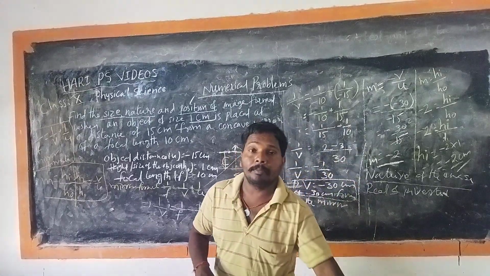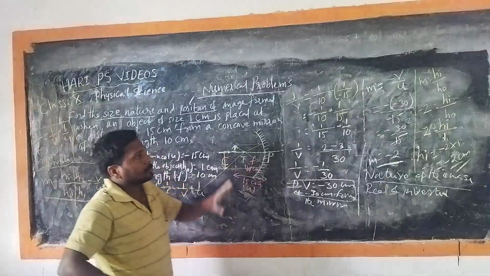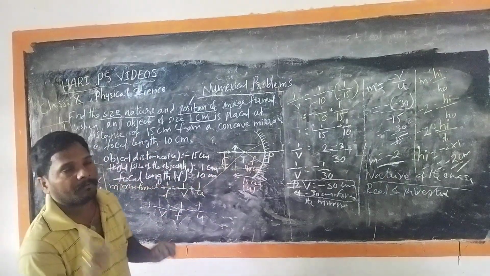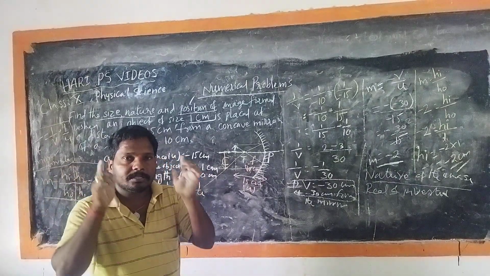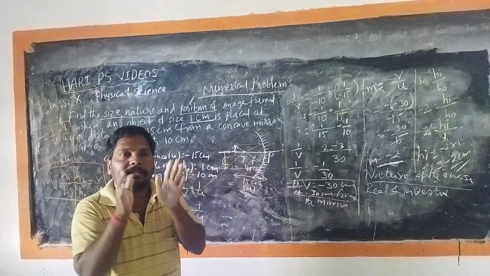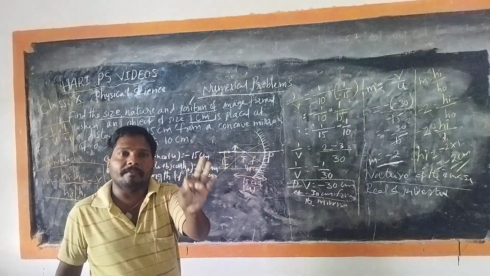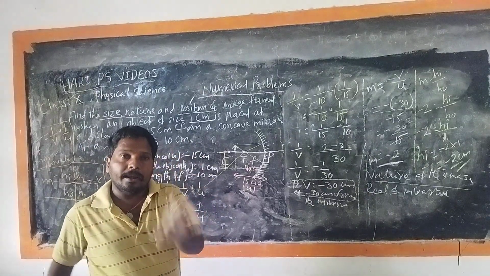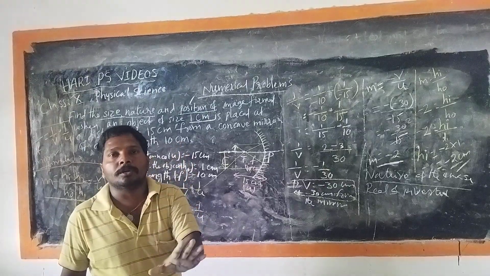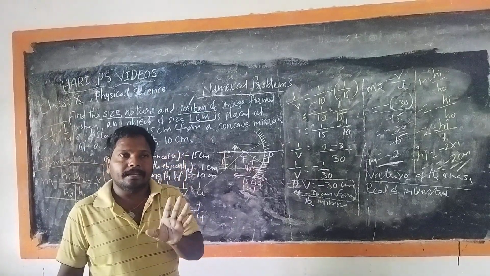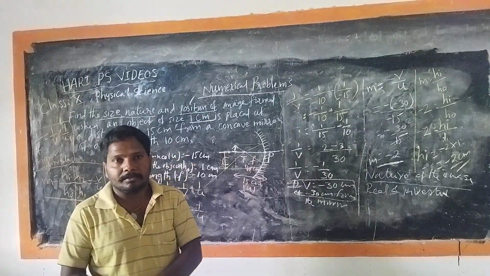Like that, the problems will come in the examination. To solve the problems, the only way is to first understand the sign convention rules, apply the suitable formula, then practice the problems.